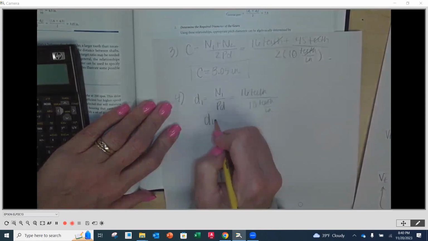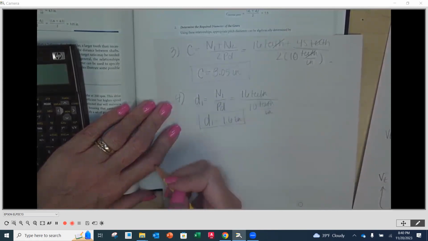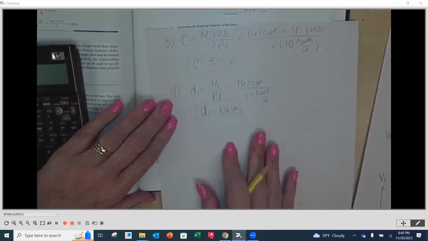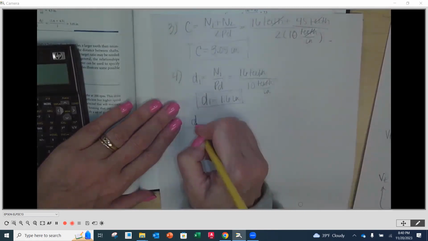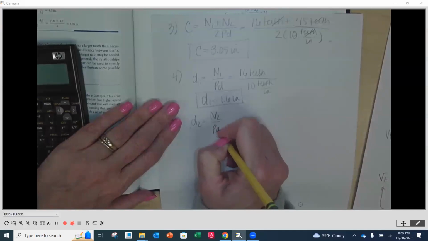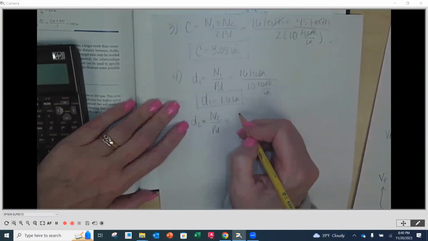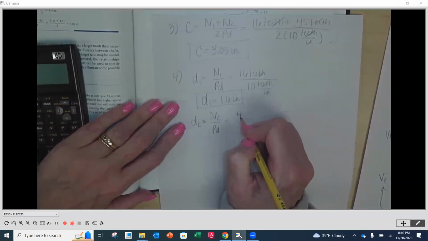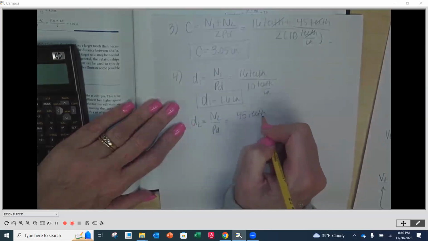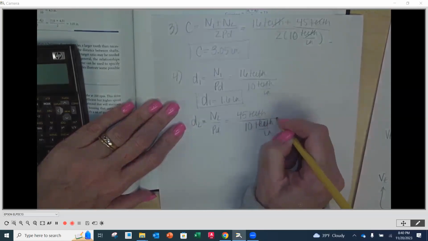So our D1 is going to be 1.6 inches. And then pitch diameter 2 is going to be N2 divided by the diametral pitch. Said that wrong, it's pitch diameter. Number of teeth is going to be 45 teeth divided by a diametral pitch of 10 teeth per inch, right?